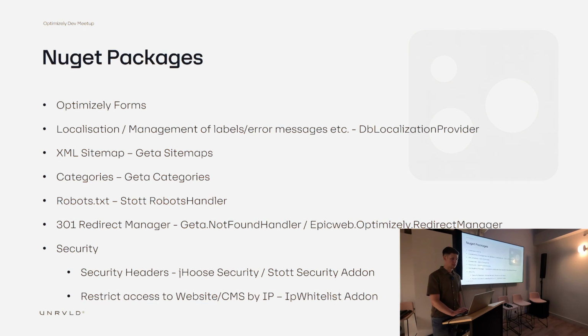We have the robots handler from Mark to manage your robots.txt. We have the 301 redirect manager from Geta as well. I'm not sure if any of you used the redirect manager from Epic Web. I haven't looked at it myself, but I know there's some performance issues raised on NotFoundHandler recently, so exploring other options there.